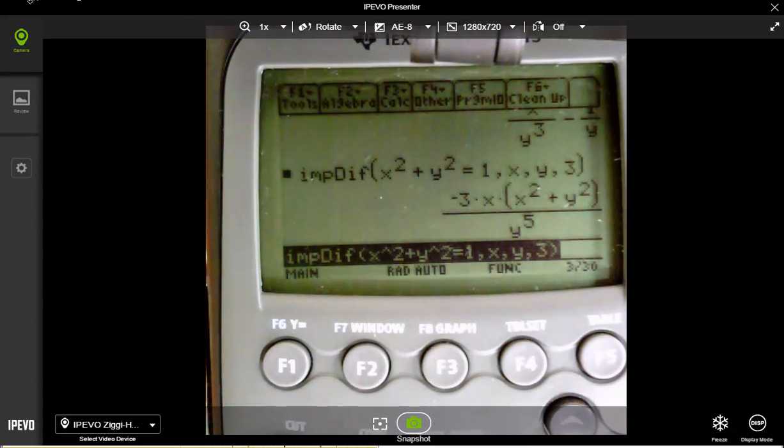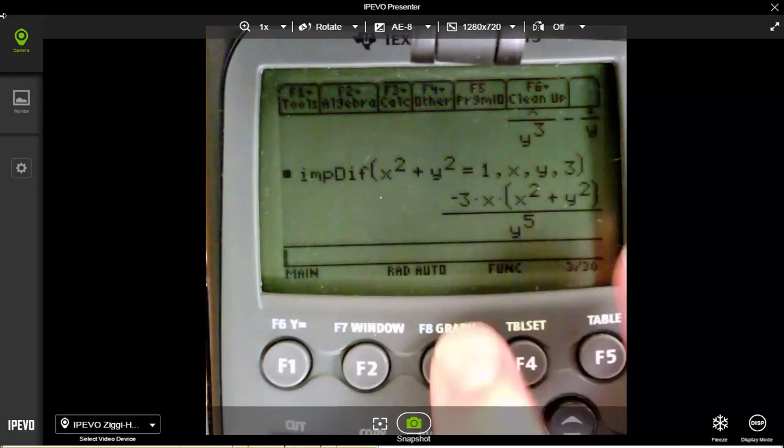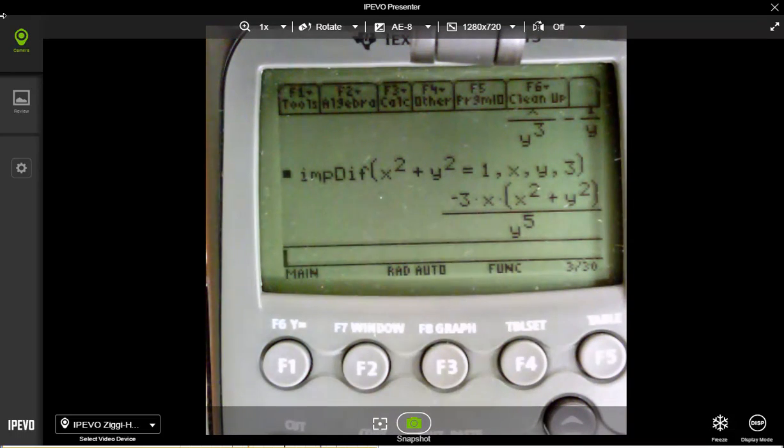Okay, so let's clear that out. We know what the derivative is, right? Let's say we want to solve the system on our calculator.